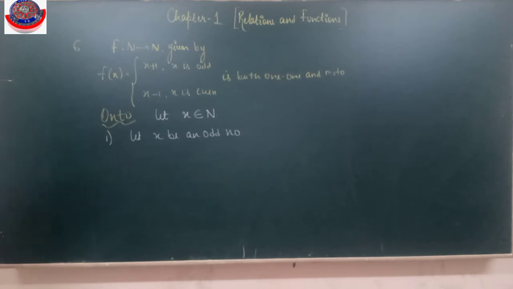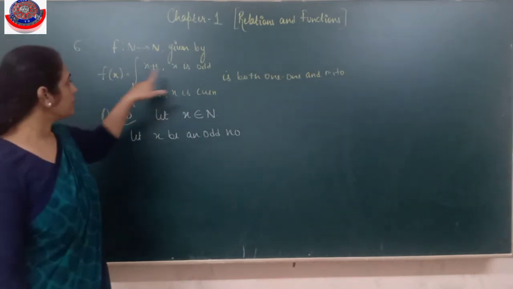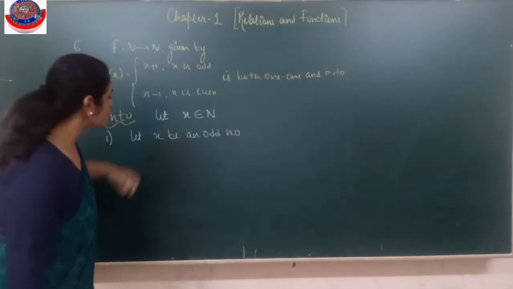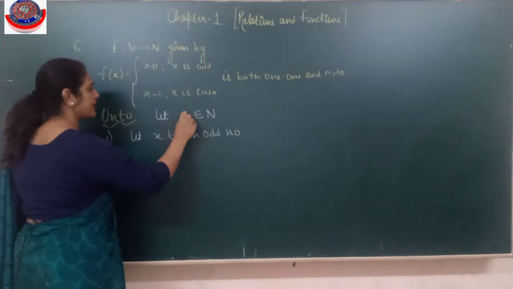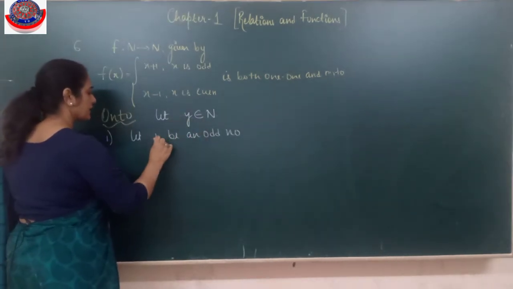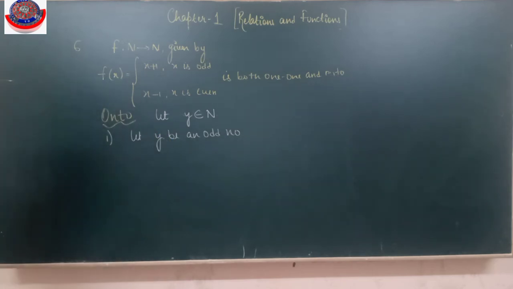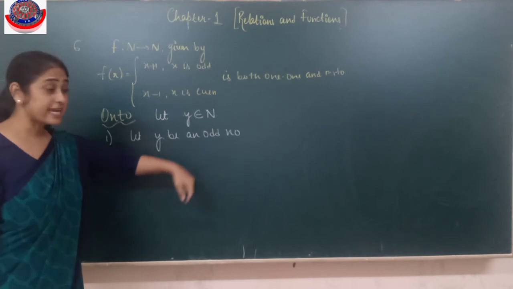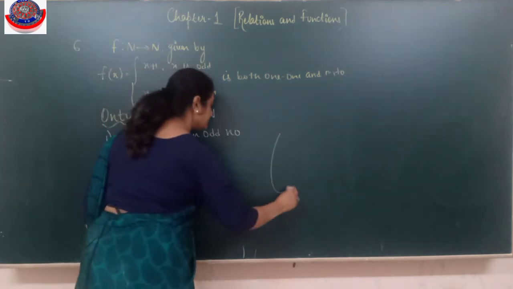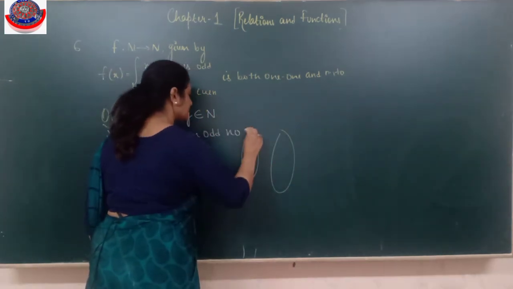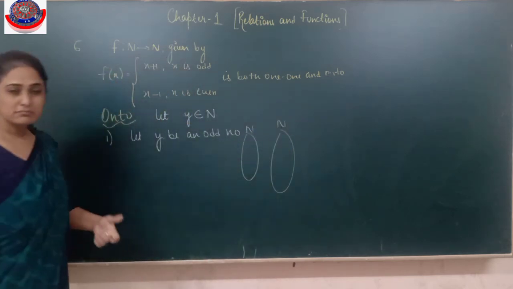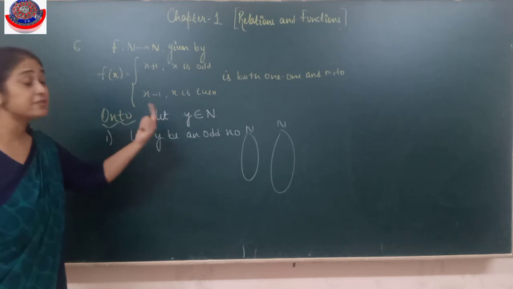Case 1: x be an odd number. If x is an odd number, if you want to take it as y, I'll just do it by y. For an odd number of the second set, we are doing it in x, y so it becomes a little easier.